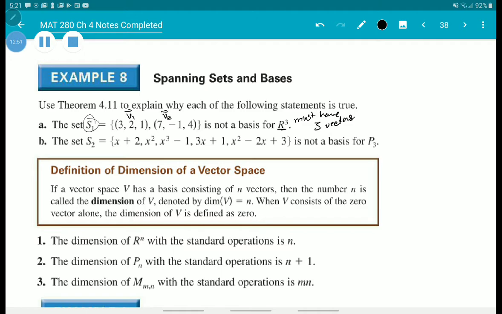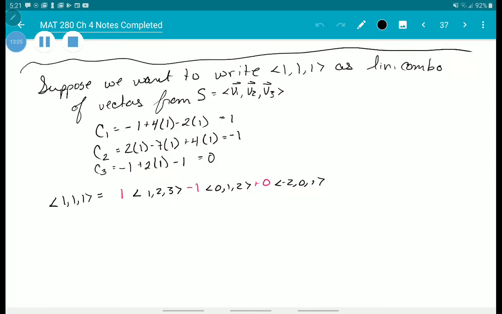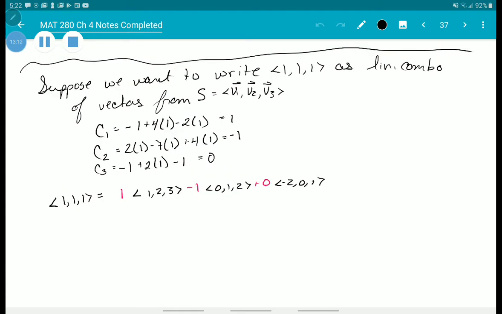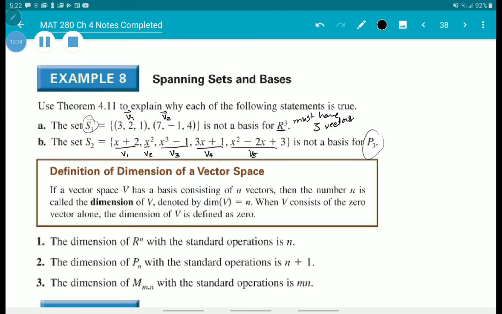Same kind of scenario for part B. They're giving us 1, 2, 3, 4, 5 vectors. But we know for P3, going back, P3 has to have 1, 2, 3, 4 vectors to span and to be a basis.